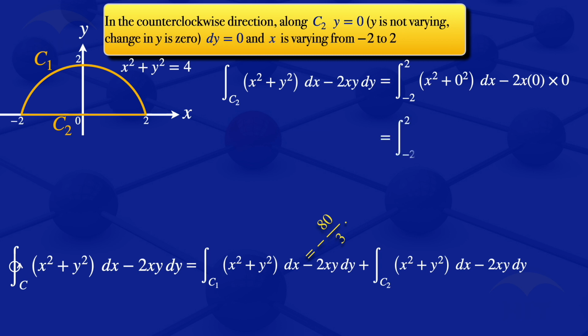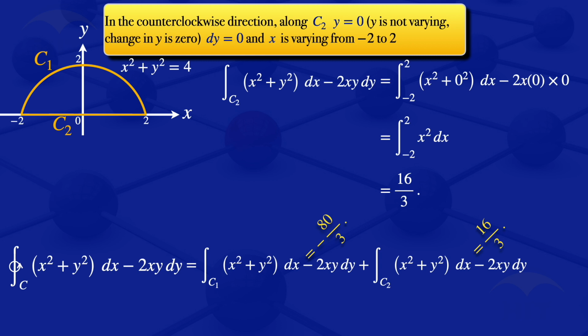And it will simplify to the integral from minus 2 to 2 of x squared dx. And the integral of x squared is x cubed over 3. And when you put the limits minus 2 to 2, we get 16 over 3. So the integral of x squared plus y squared dx minus 2xy dy along the curve C2 is 16 over 3.